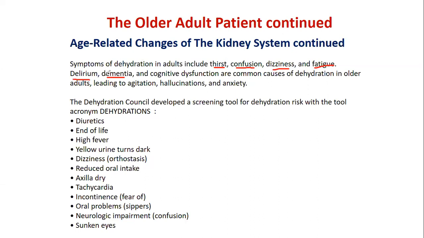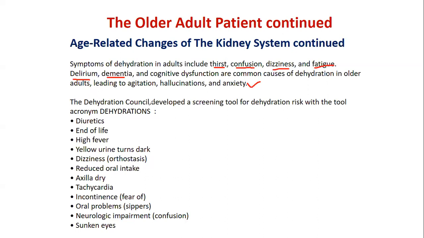Dementia is progressive or chronic. Delirium is transient. Cognitive dysfunction is a common cause of dehydration in older adults, leading to agitation, hallucination, and anxiety. So if you do not treat it at the very beginning stage, all of this leads to agitation, hallucination, and anxiety.